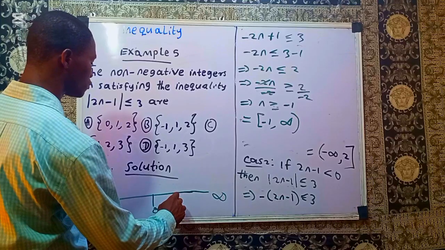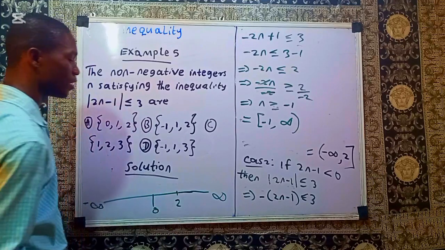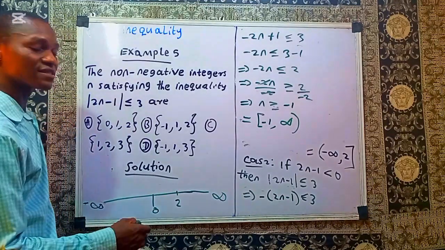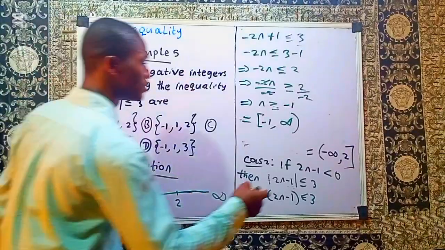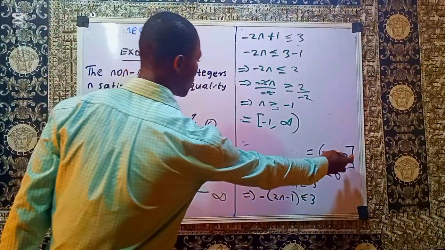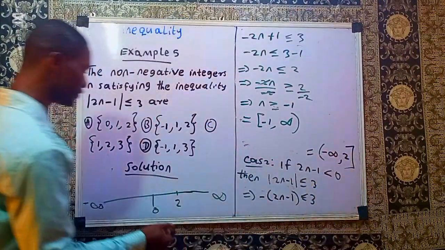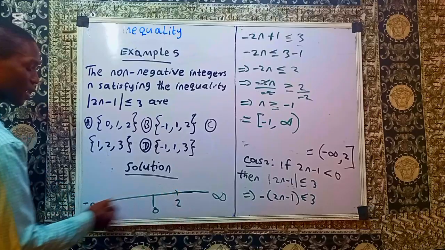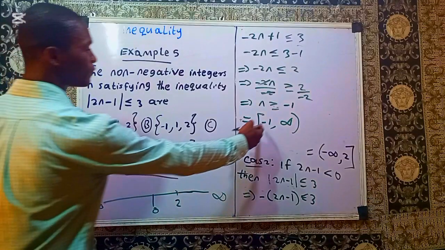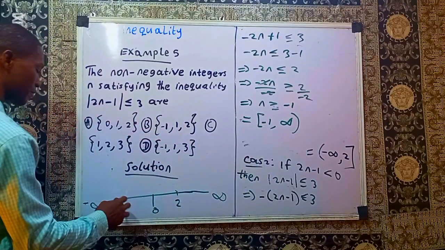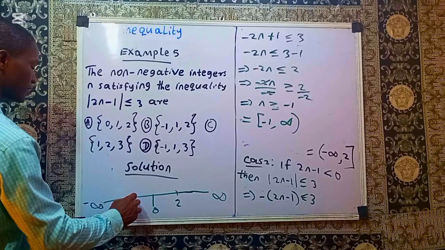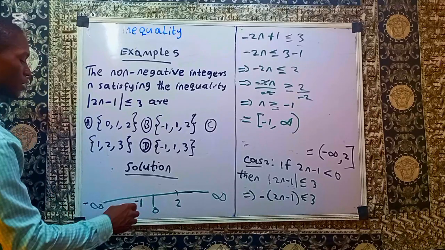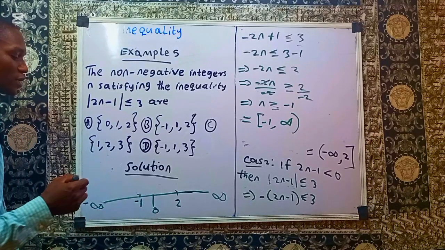So 2 is supposed to be located here. Then numbers from 2 down to negative infinity, we have starting from here down here, right? Then negative 1, which we have somewhere here. Here is supposed to be negative 1.